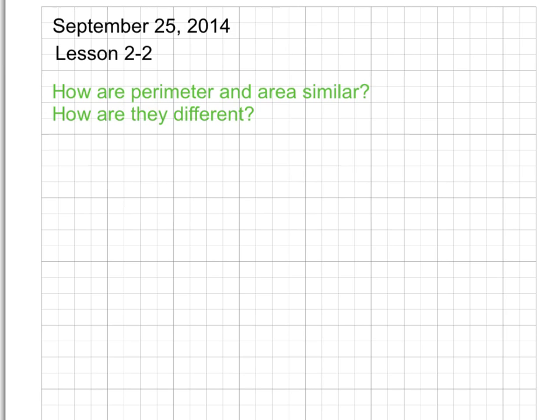How are they different? Now, at any point in time, boys and girls, if you want to stop so you can write something, you can pause the video and write what you need to. When you're ready, press play and the video will continue. You can also rewind this video at any point, if I say something incredibly awesome or really funny that you want to hear again, or if you didn't understand something.